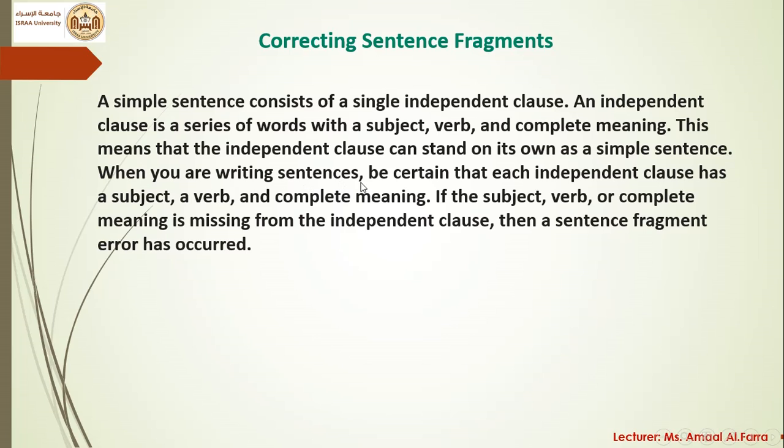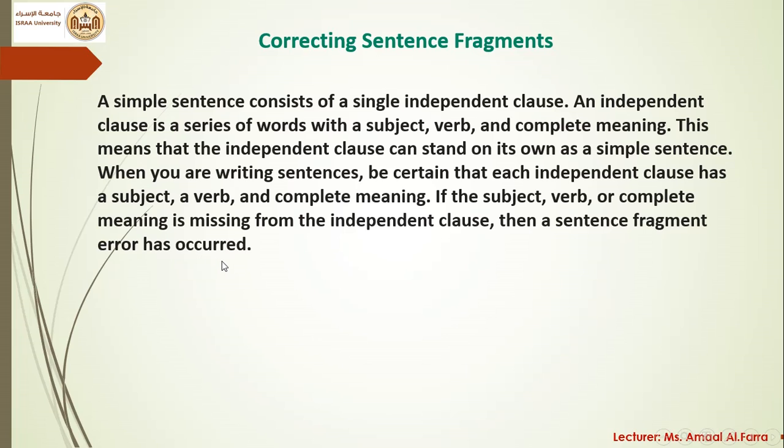When you are writing sentences, be certain that each independent clause has a subject, has a verb, and a complete meaning. If the subject, the verb, or complete meaning is missing from the independent clause, then a sentence fragment error has occurred.